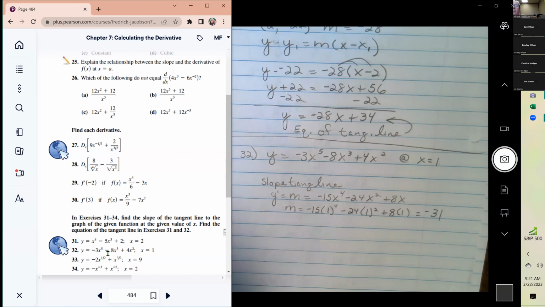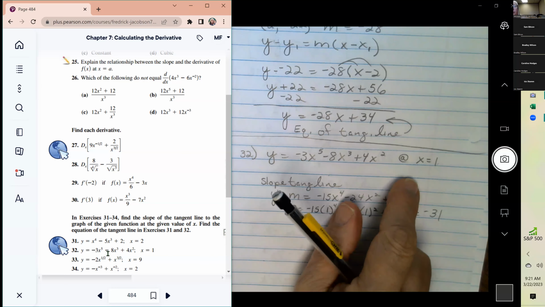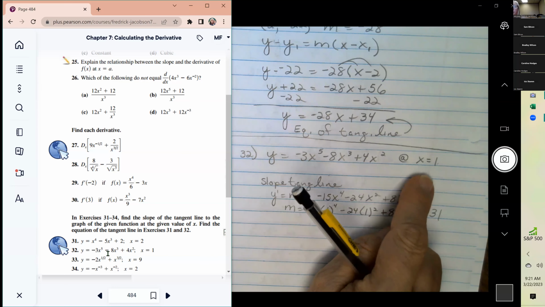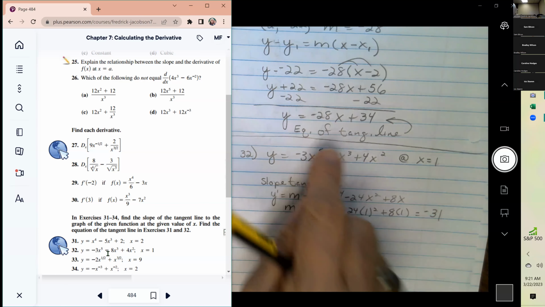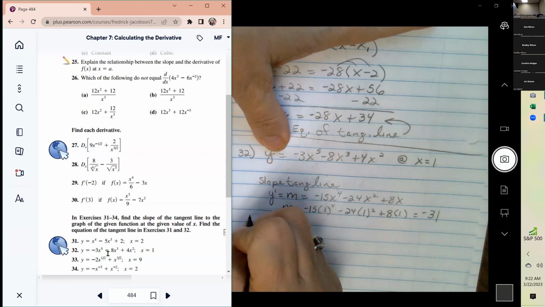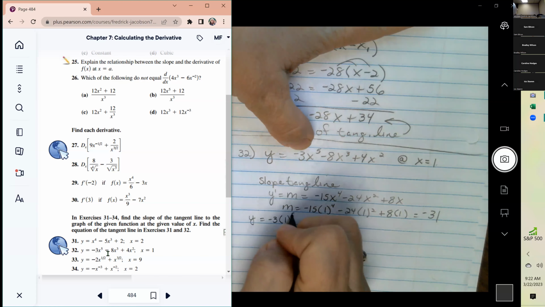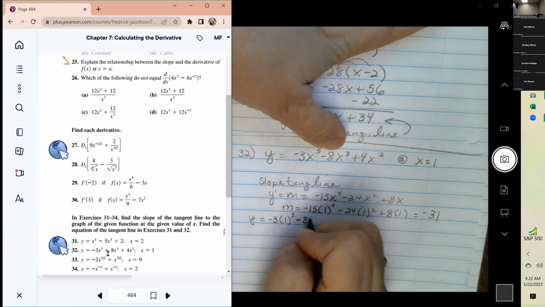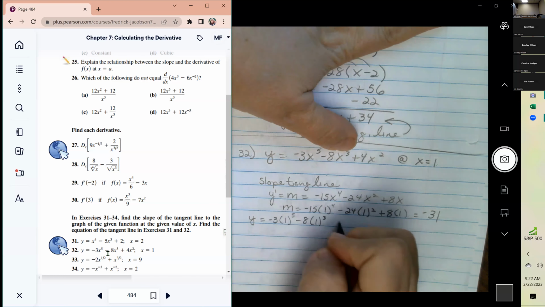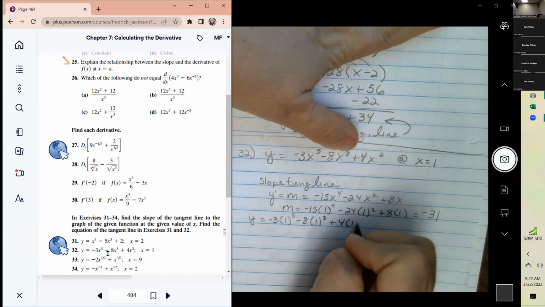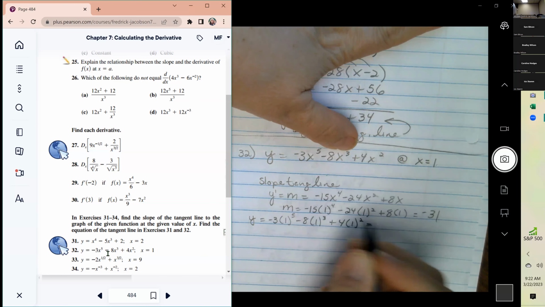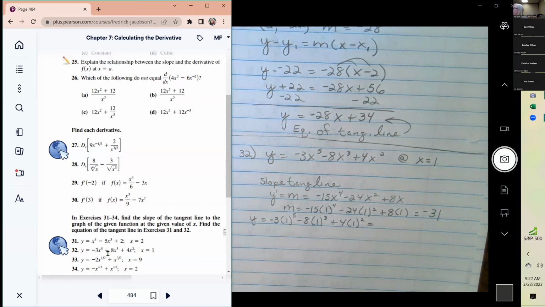Okay, then we need to find our point. We have the x value, we weren't given the y, so we have to plug the point in to find the y value. Negative 3, negative 8.